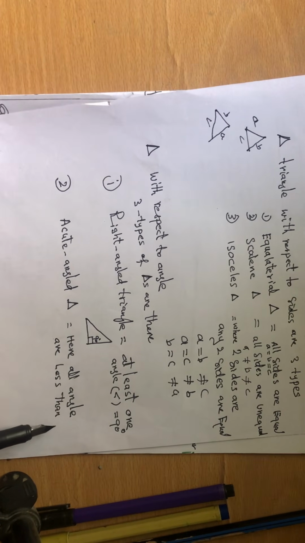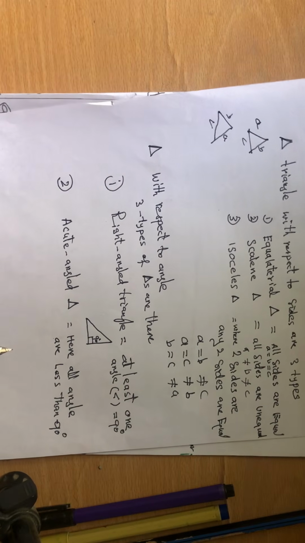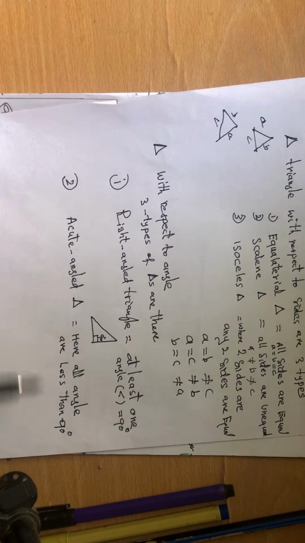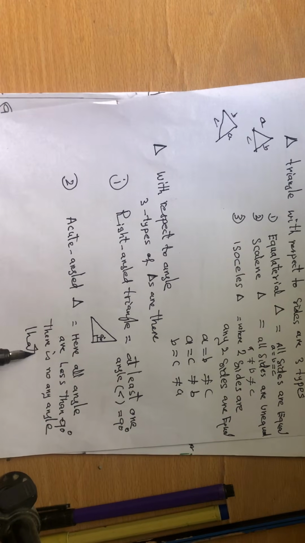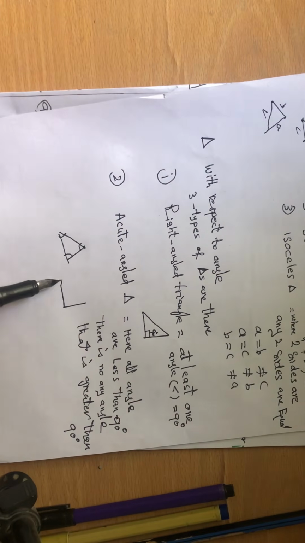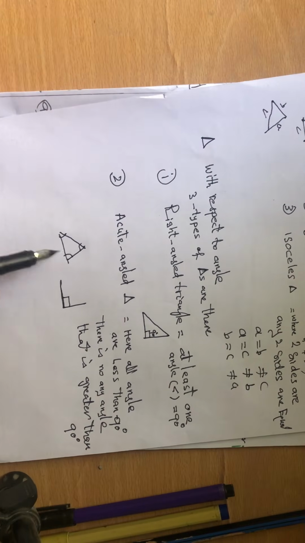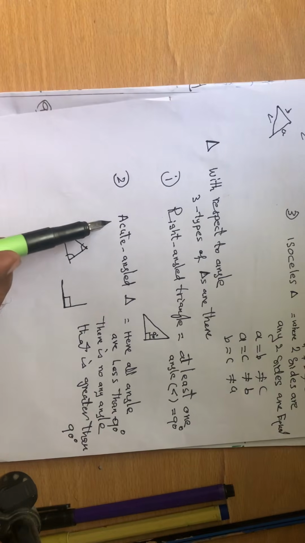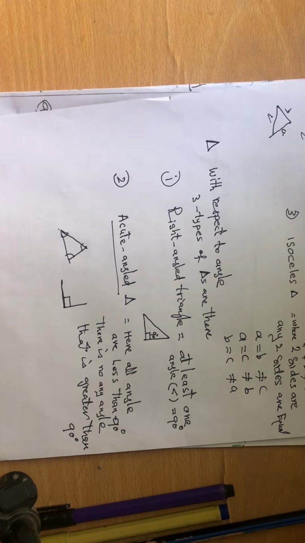Remember, we are talking about individual angles, not the sum of angles. When all individual angles are less than 90 degrees, such a triangle is called an acute angle triangle. If we draw the shape, maybe it looks like this. See, a right angle will be like this. In a triangle with no right angle, it is in this form.